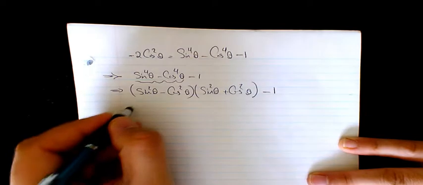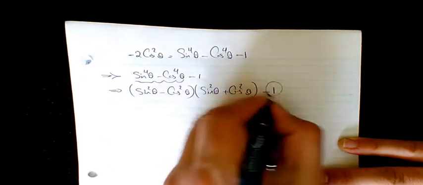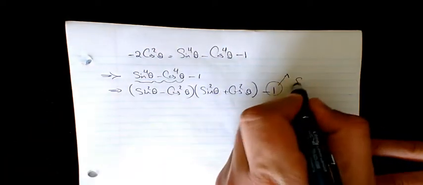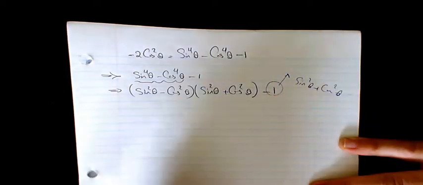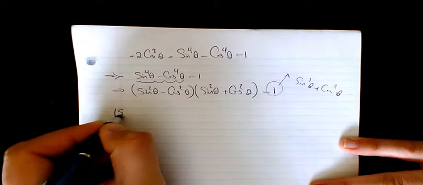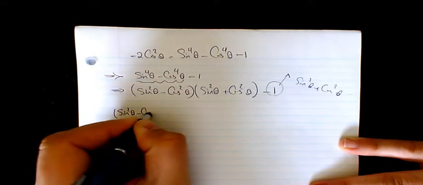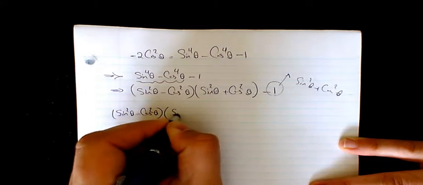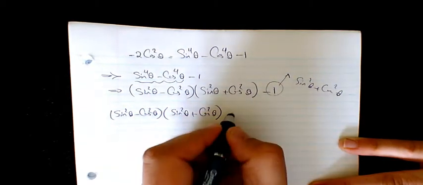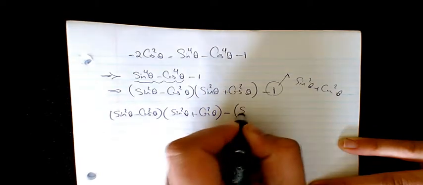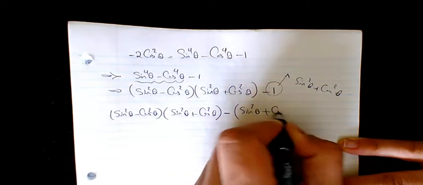And then here 1, as you know, is the same as sine squared theta plus cosine squared theta. So I have sine squared theta minus cosine squared theta, sine squared theta plus cosine squared theta minus sine squared theta plus cosine squared theta.